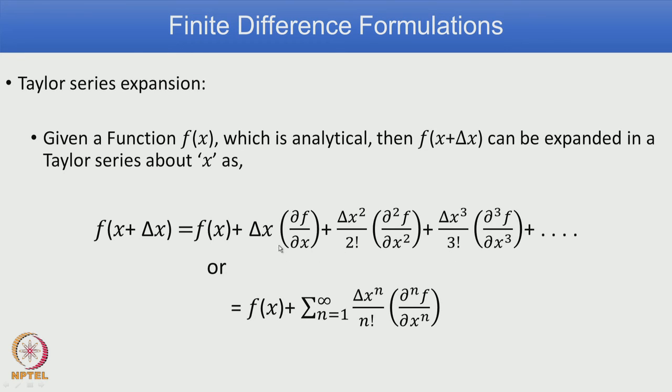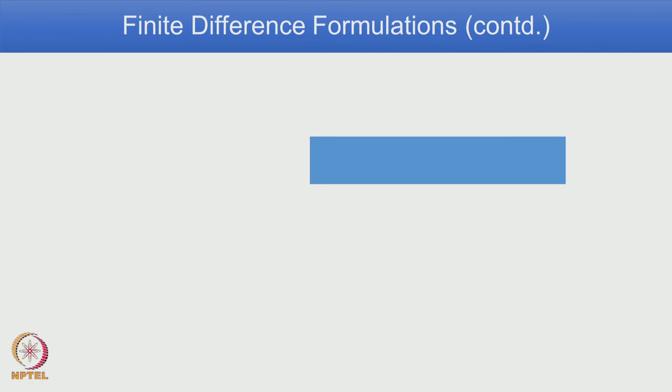Now, as you can observe, partial derivative terms are appearing here. For example, dou f by dou x is the first derivative, then the second derivative and third derivative. So, if you are interested in getting only the first derivative, then you limit the expansion here and get the formula. So, we will see that here.